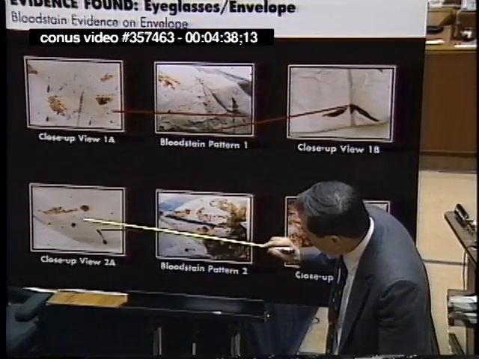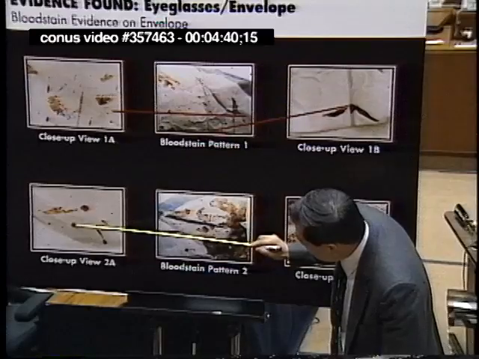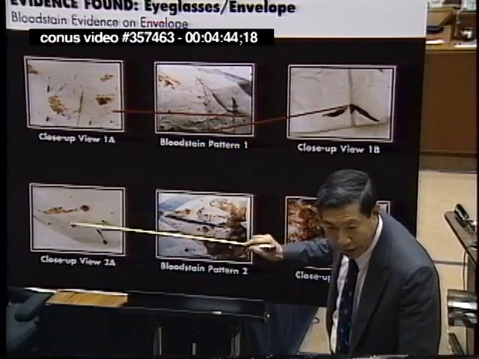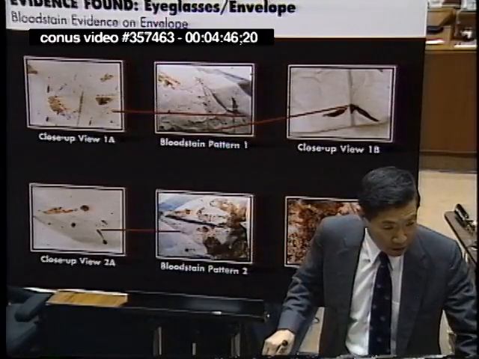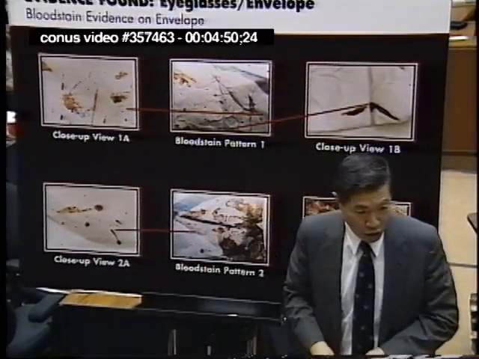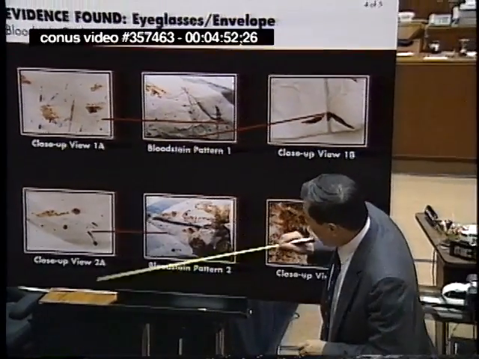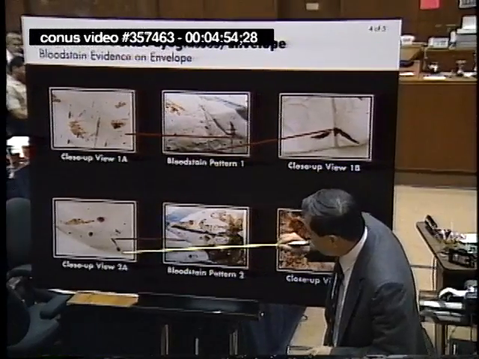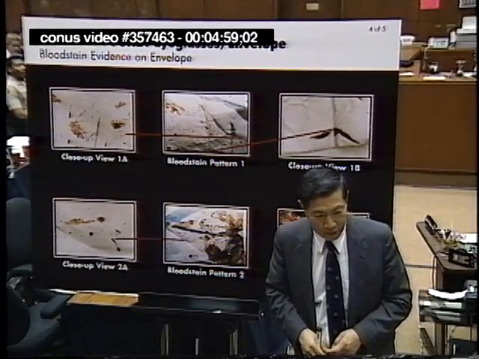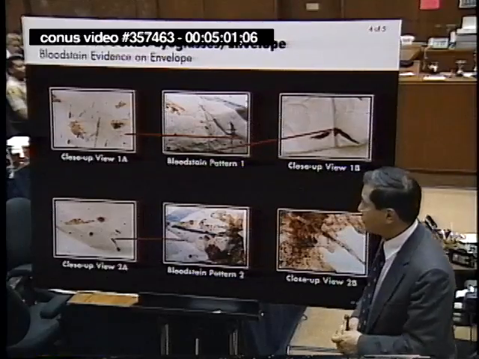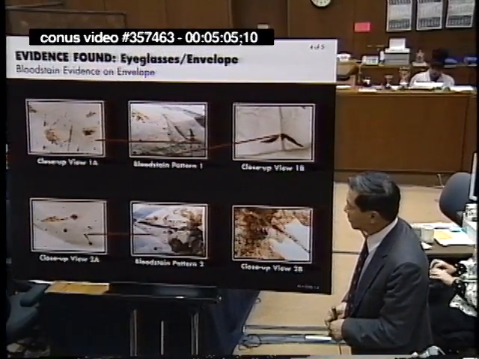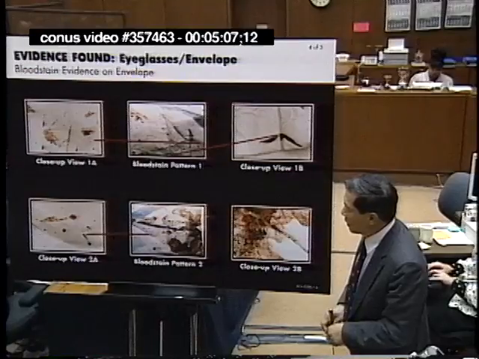For example, this one I can tell deposit after this group of pattern has to be applied on the envelope first. It clearly shows this on top, the rest of it. As far as this one, I cannot tell when was deposited. However, the ones that you can't tell which came first or second, could they have come at the same time?